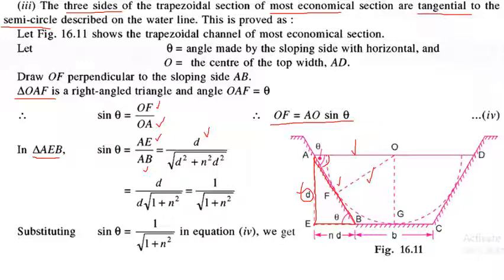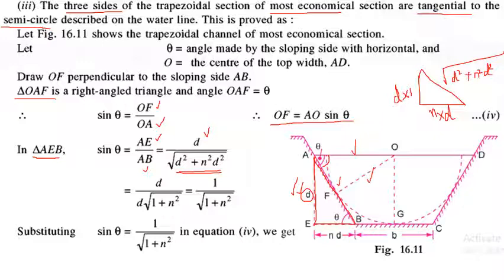That is because one side is d here, that is the side AE, and this side is nd because we consider that for every one vertical there is n horizontal. So if this side is d, that is d into 1, this side is n into d. If these are the two sides of the right angle triangle, d and nd, this side is the square of one side plus the square of the other side, the whole square root. So square root of d square plus n square d square. That is what is written here.